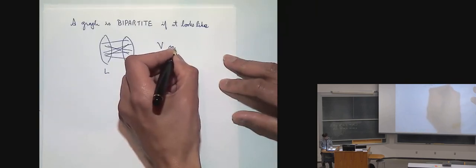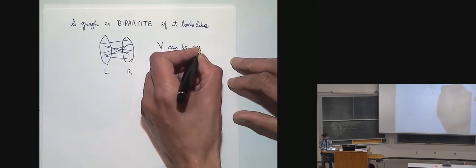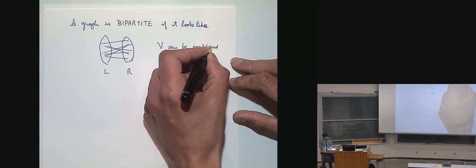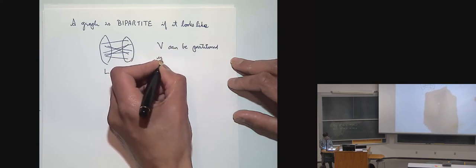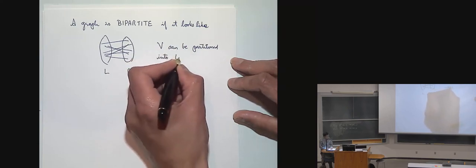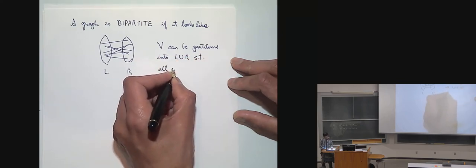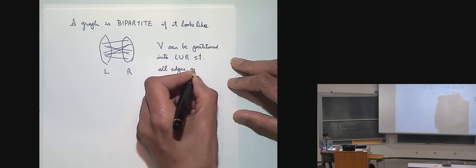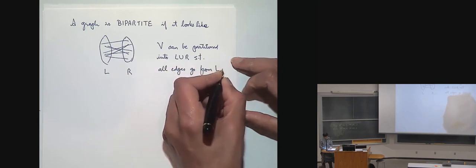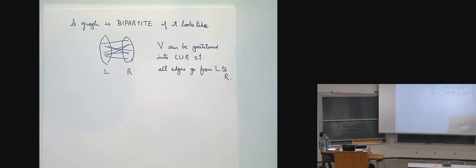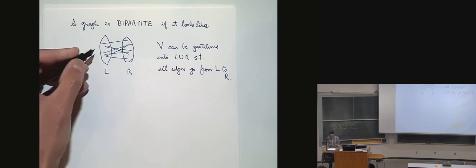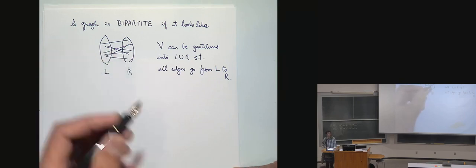So V can be partitioned into L union R such that all edges go from L to R. Does it mean there are no internal edges from L to L? Yes. It means no internal edges from L to L, and no internal edges from R to R.